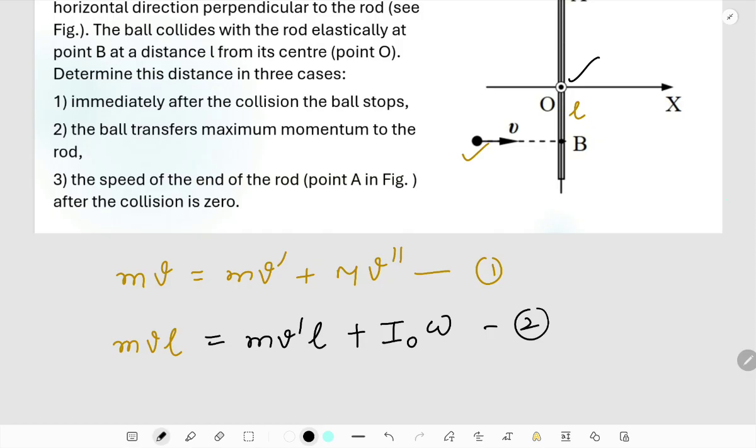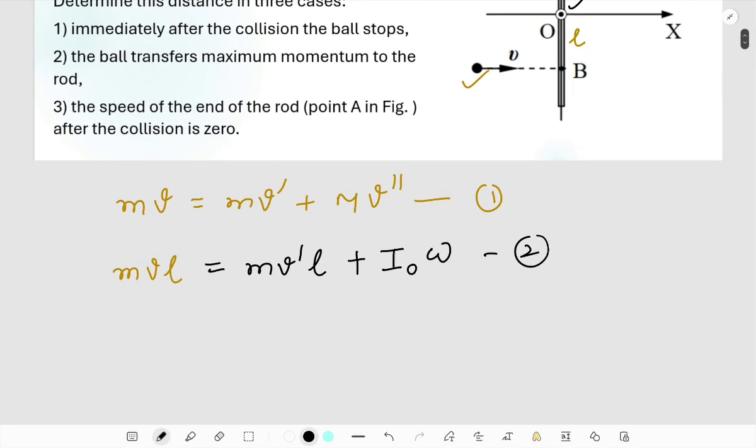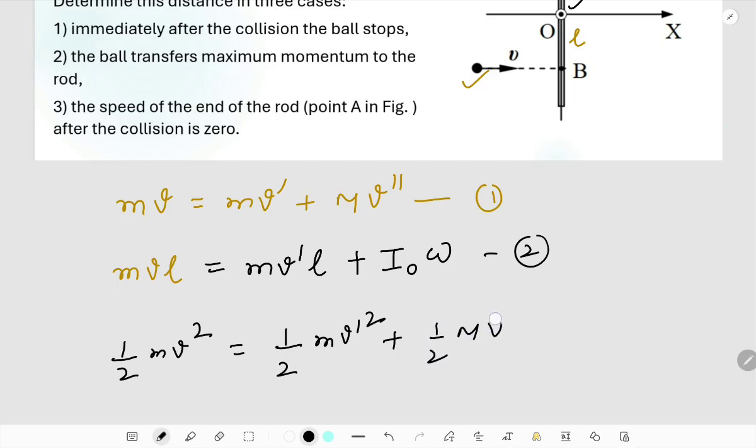And now we are going to write down the equation for conservation of kinetic energy. Initially it was simply half mv squared, and finally after the collision it becomes half mv' squared plus half mv'' squared plus half I omega squared. And this is our equation number 3.